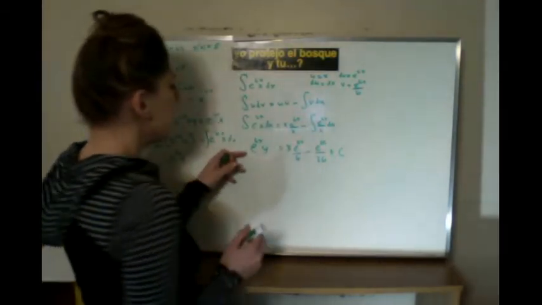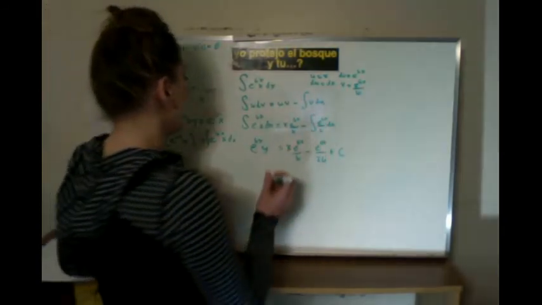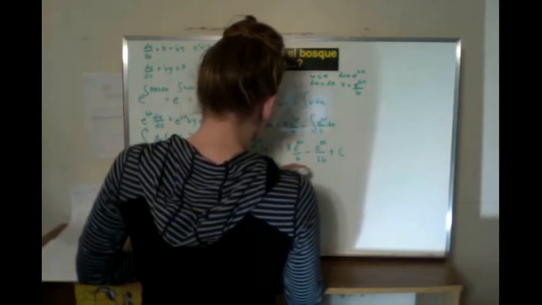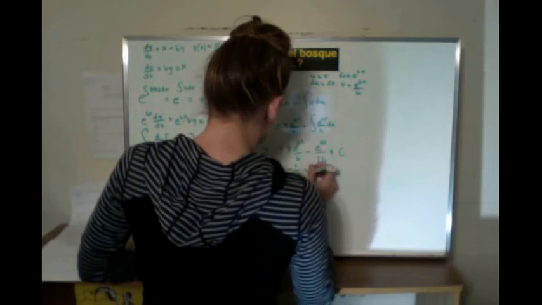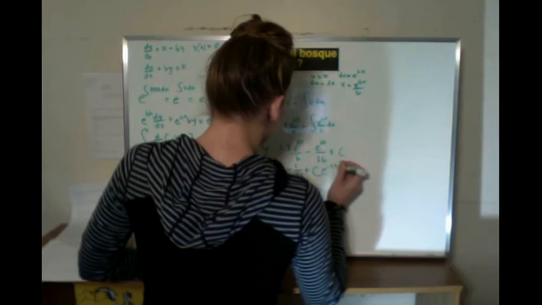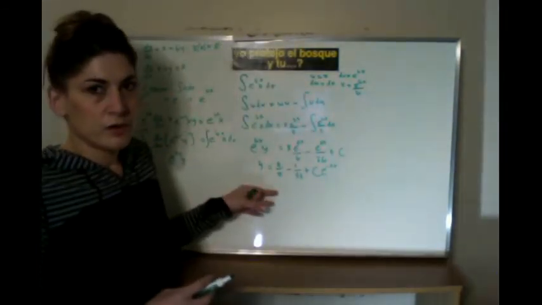If we multiply both sides of the equation by e to the negative 6x, we get y equals x over 6 minus 1 over 36 plus c times e to the negative 6x. This is the general solution to our differential equation.